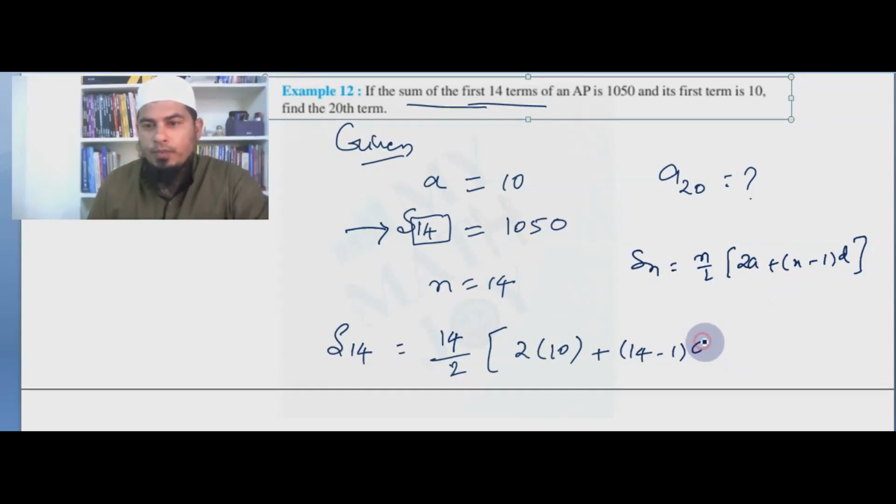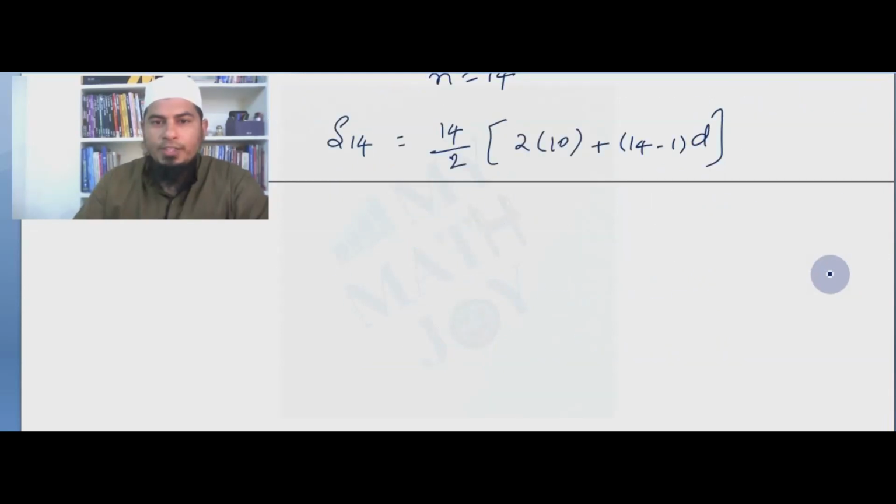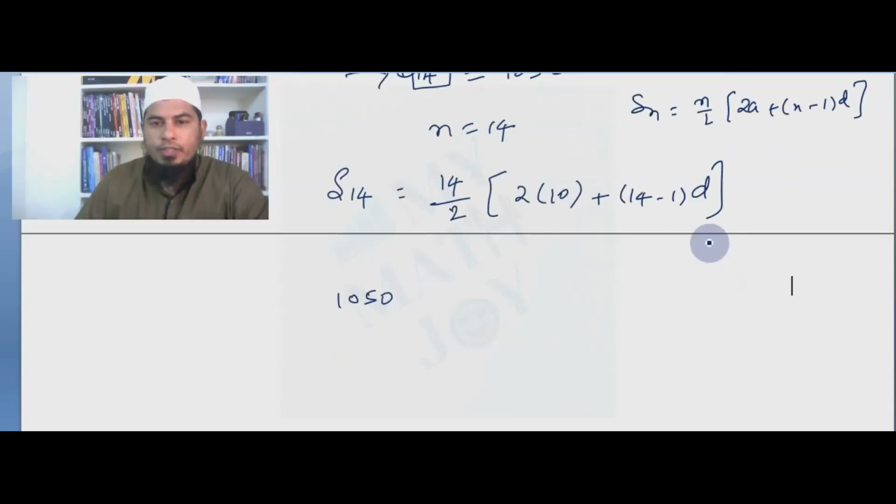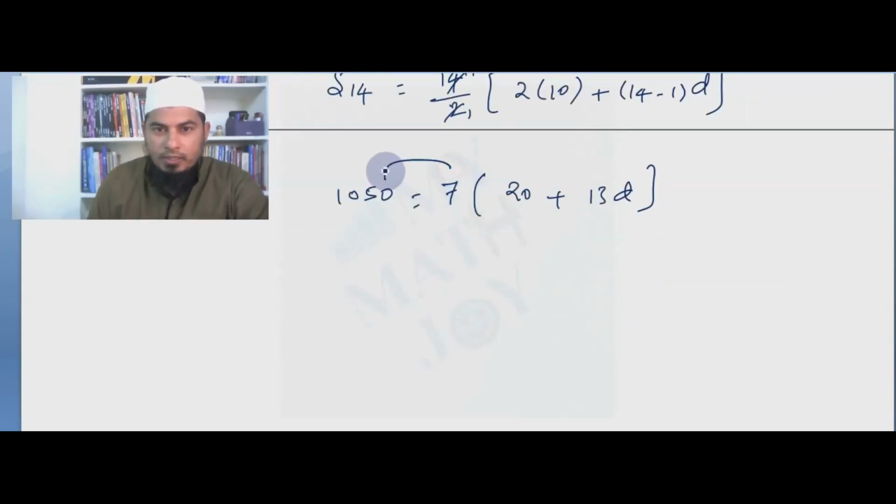We don't know d; only d is unknown, so we can find it. S14 is given as 1050. Is there any cancellation? Yes, you can cancel this. I write here 20 plus 13d. Transposing is done in this fashion: this 7 goes down because it is in the bracket.